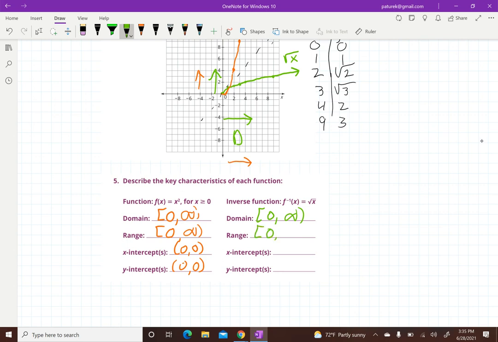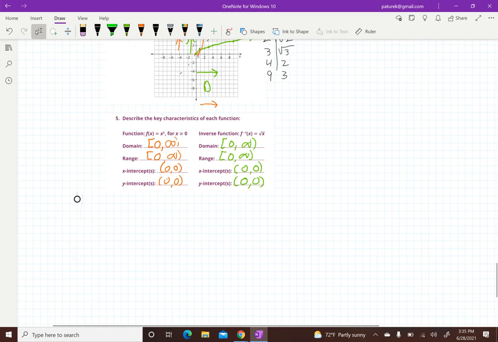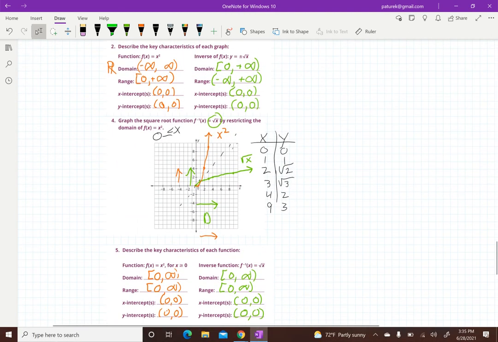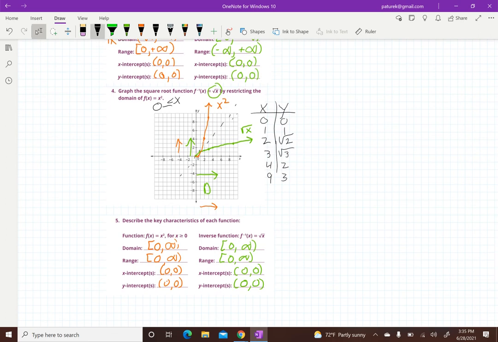So 0 to infinity. Where does it intersect the x-axis? At 0, 0. Where does it intersect the y-axis? At 0, 0. All right, that concludes my debriefing on spring homework 02.